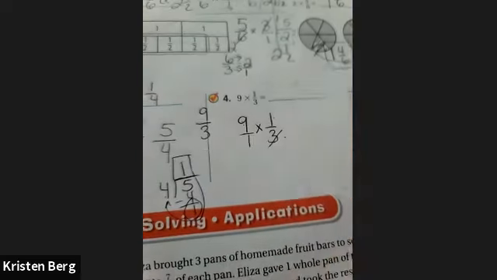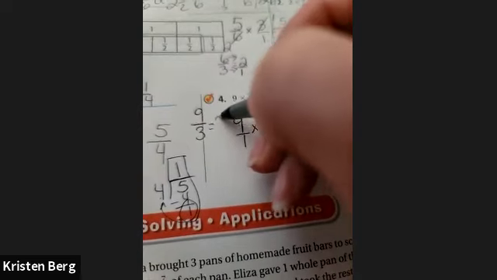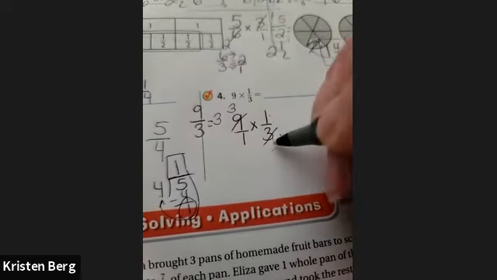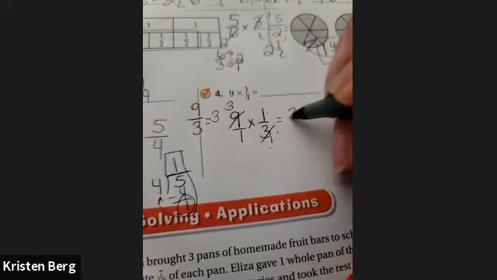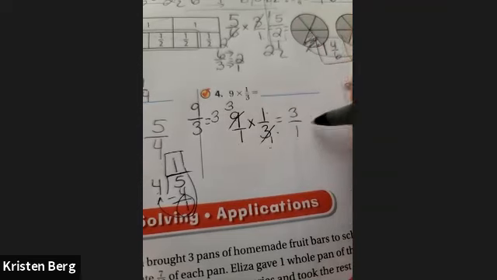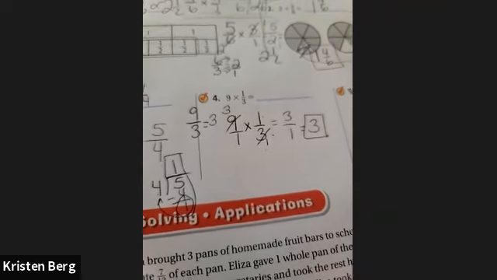Yes, it can. So if you looked at it as a division problem, how many 3s go into 9? It is 3. So therefore, this becomes a 3 now, and this becomes a 1. So if you go across, 1 times 3 is 3. 1 times 1 is 1. So your answer is 3 wholes.